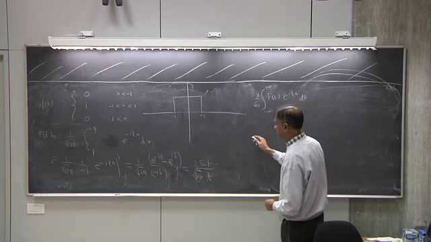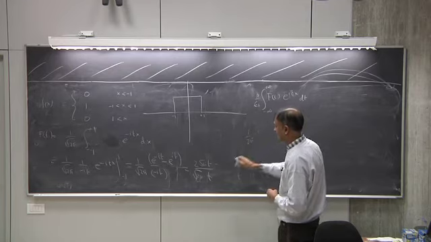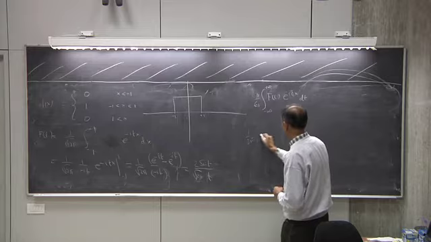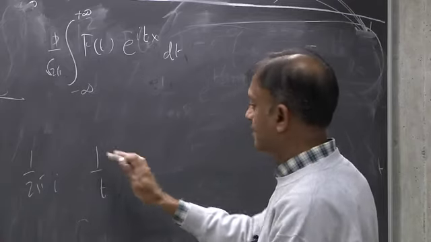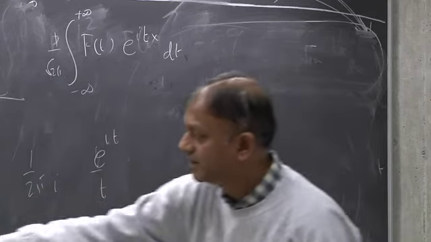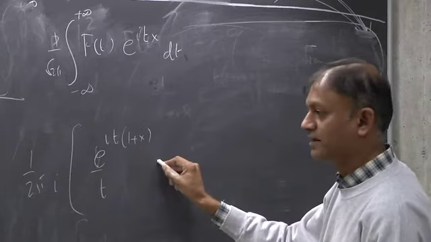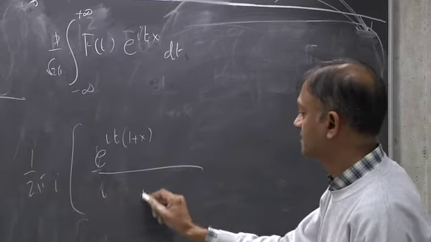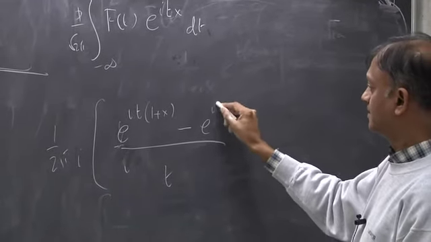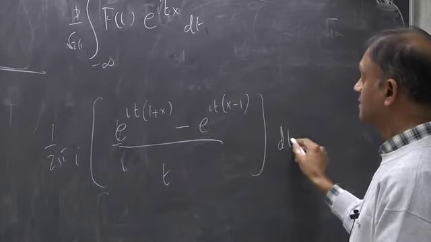So you get here 1 over 2 pi, and let me take minus e to the I t, so you get here 1 over t, and then you get e to the I t from here, and e to the I t x plus 1, and the other one will be minus e to the power of I t x minus 1, dt integral.